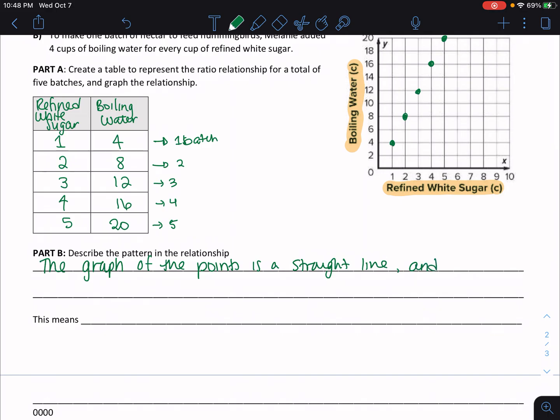And for every 4 units up, you go 1 unit over. Or the same as saying, for every 4 cups of water, you have 1 cup of refined sugar.